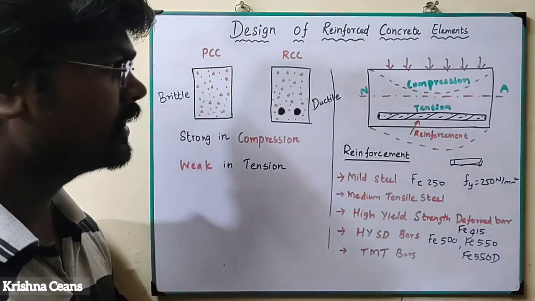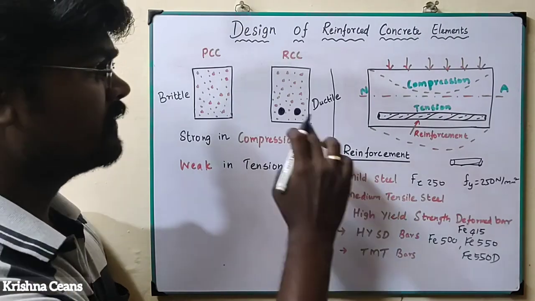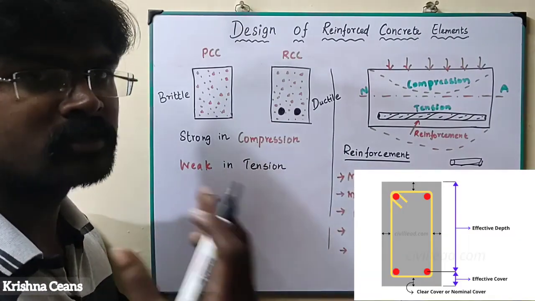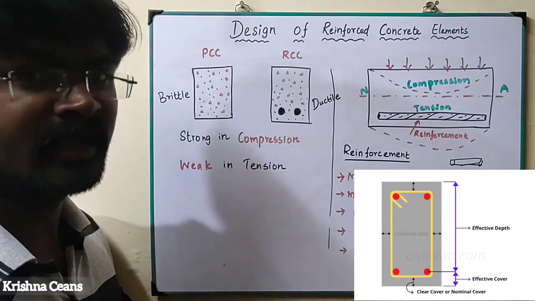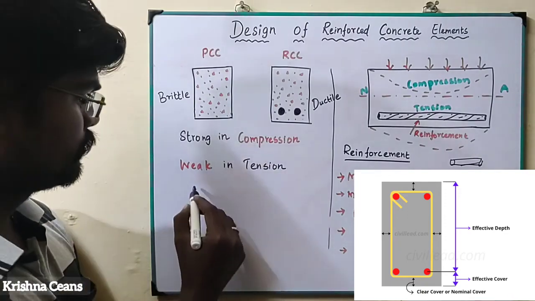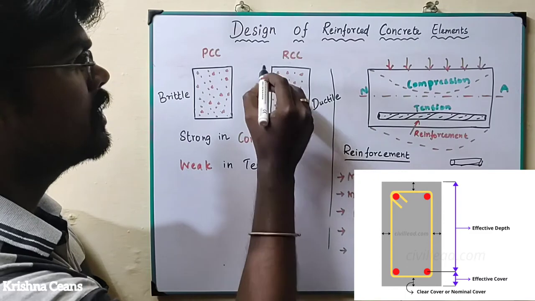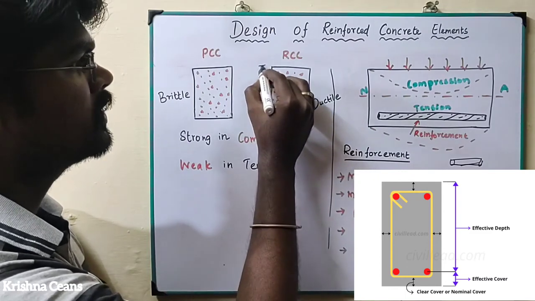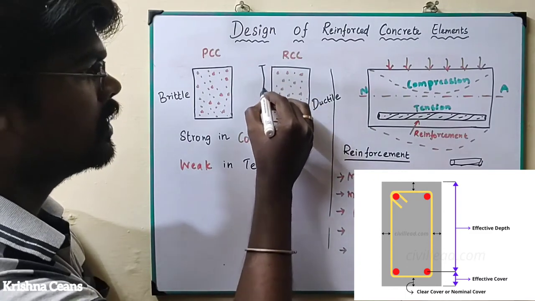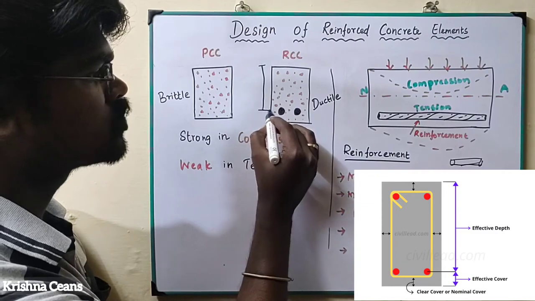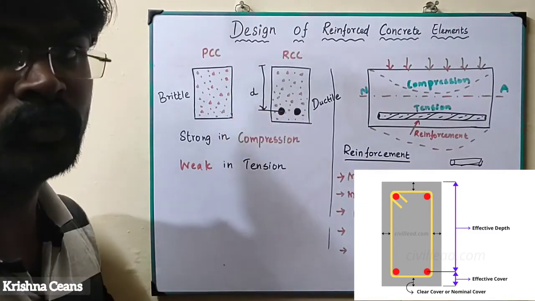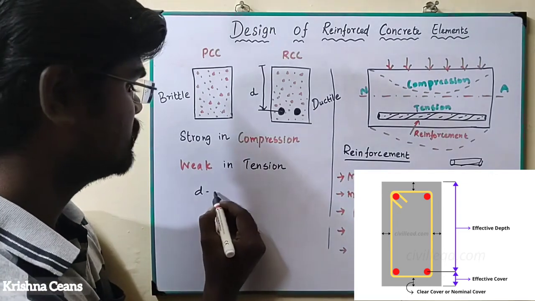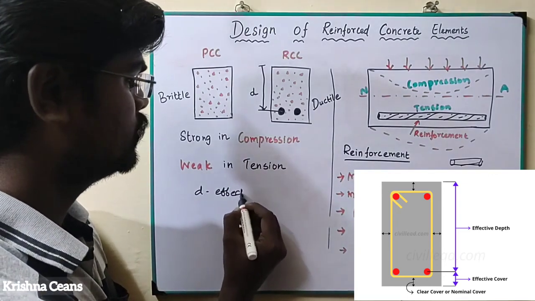Next we have to know how much cover has to be provided for the different elements. In this RCC, from the top surface of the concrete up to the center of the reinforcement we call it D, the effective depth.